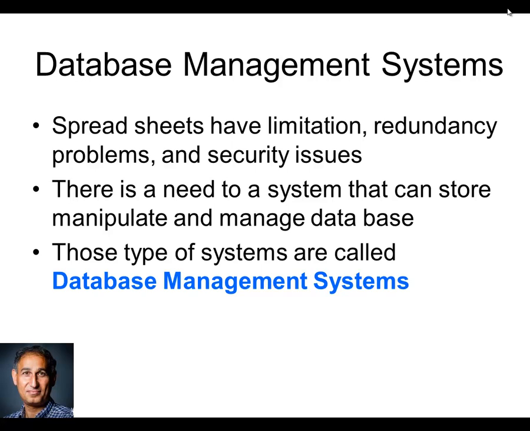That's why there is a need for what's called a database management system that can create, process, and administer the database, and a system that can be secured, that has security capabilities. Those systems are such as Microsoft Access, MySQL, SQL Server, DB2, and Oracle.